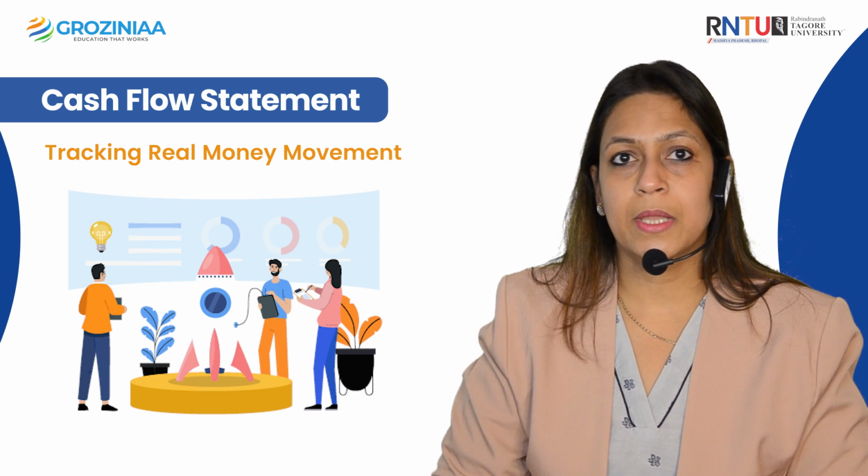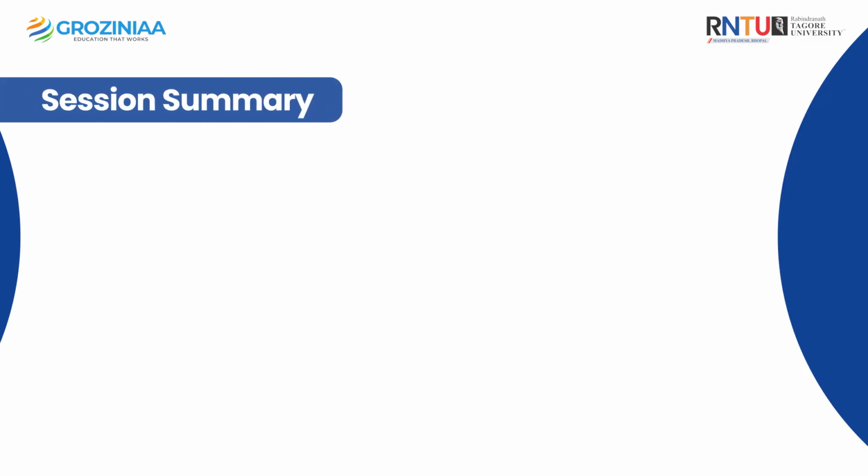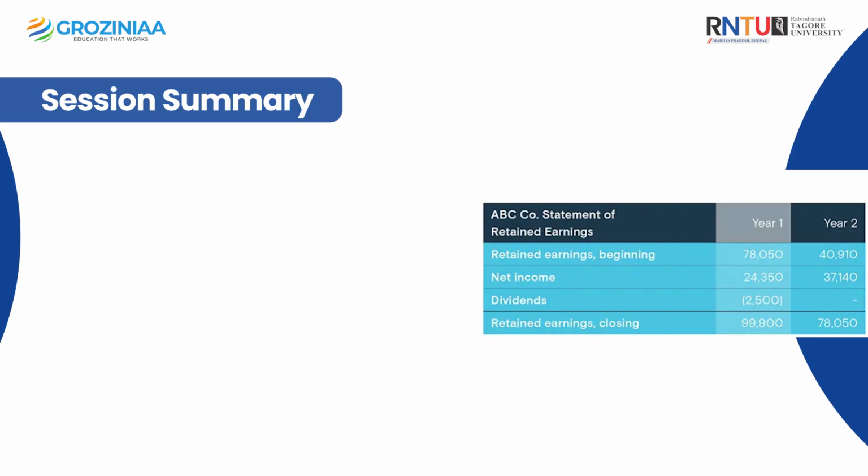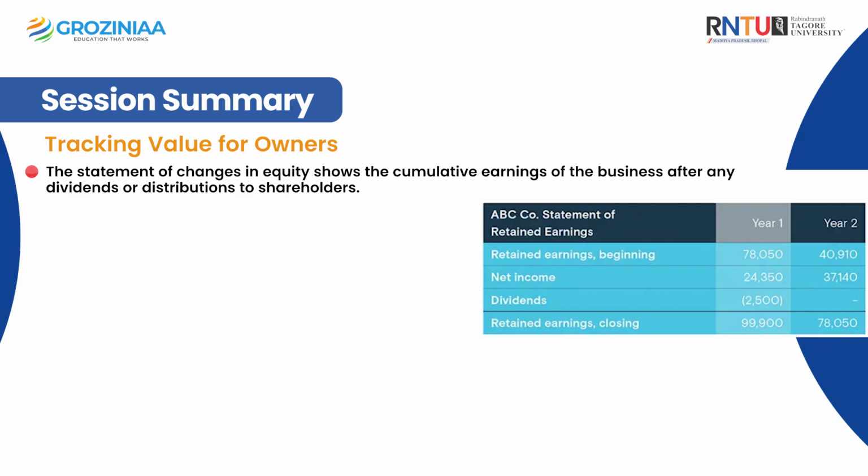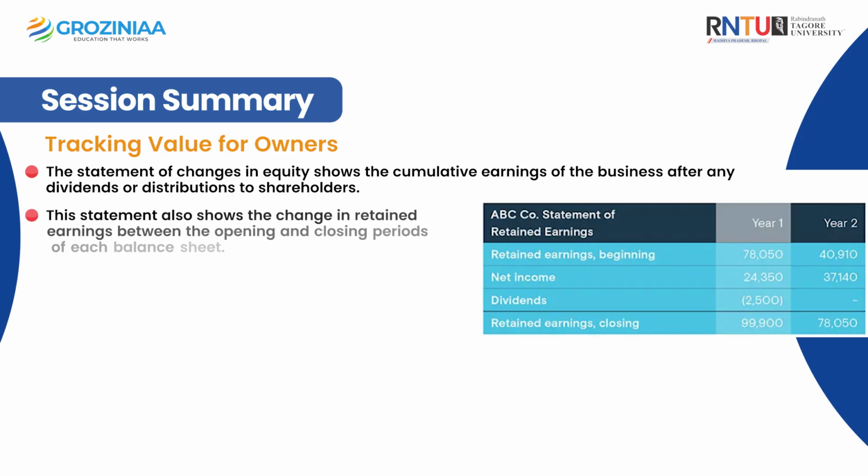Now, the fourth and last element of financial statements is the statement of changes in equity, which tracks value for owners. The statement of retained earnings shows the cumulative earnings of the business after any dividends or distributions to the shareholders. This statement also shows the change in retained earnings between the opening and closing period of each balance sheet.